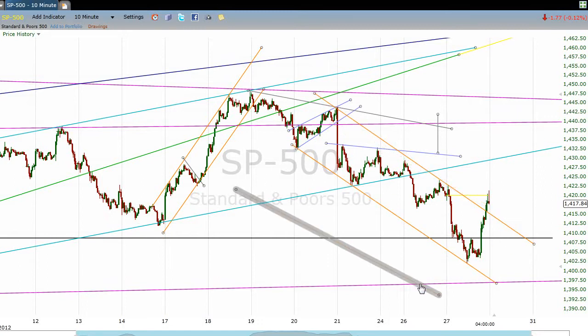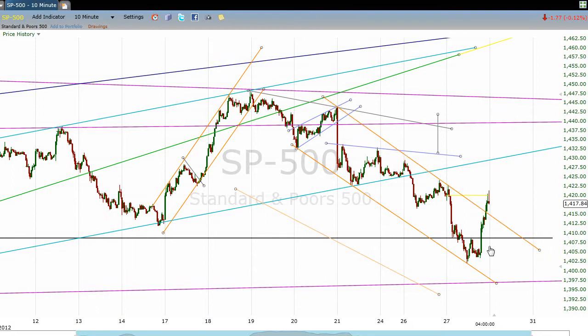Additionally, let's move this out of the way. I did have a line about like this on the chart, and this is parallel to that lower line, and also takes the highs of the 20th. Actually, I think this line was probably a little different, probably more like that.